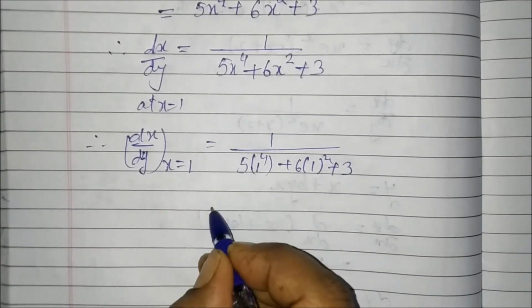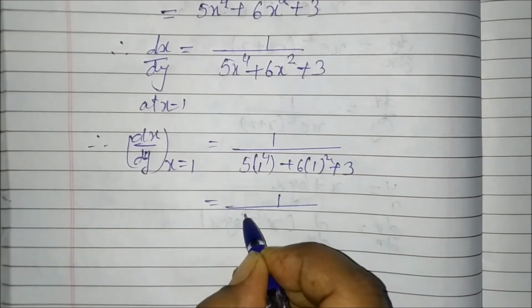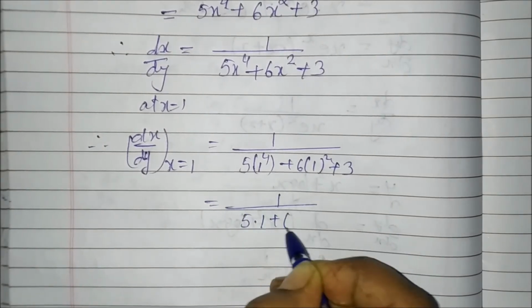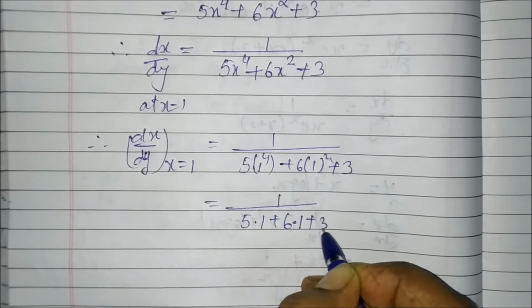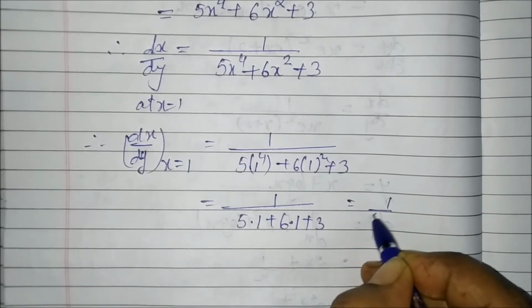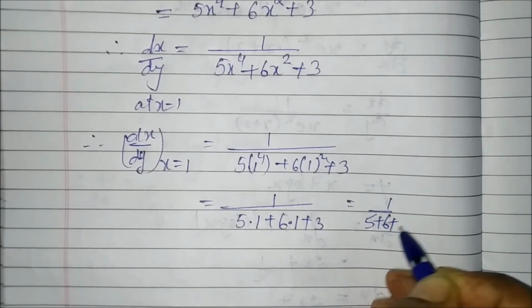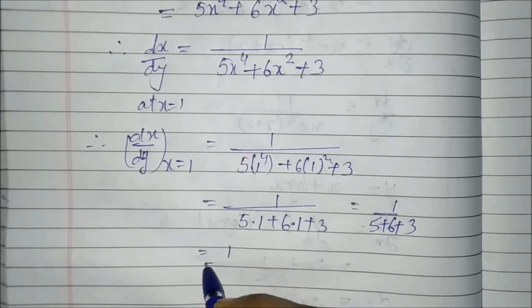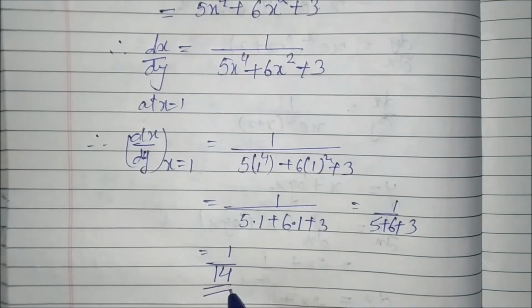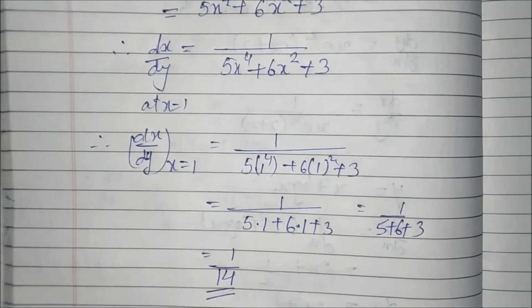Okay. So 1 by 5 into 1 plus 6 into 1 plus 3, 1 by 5 plus 6 plus 3, which equals 1 by 14. So this is the answer. Okay.